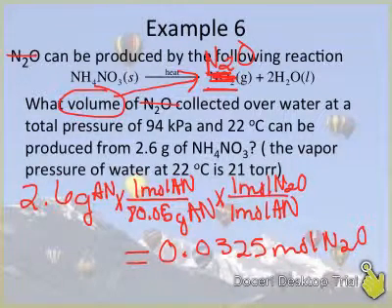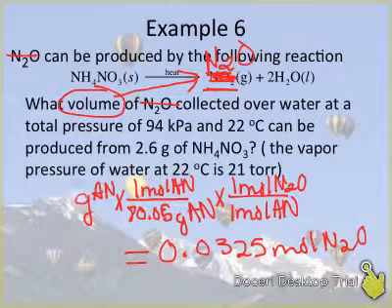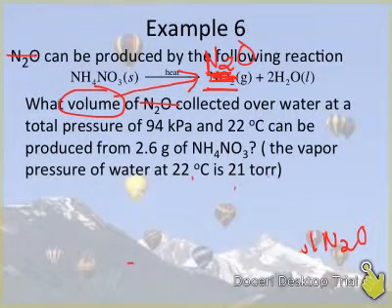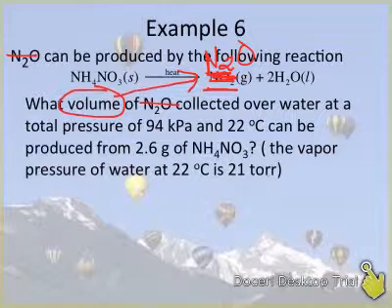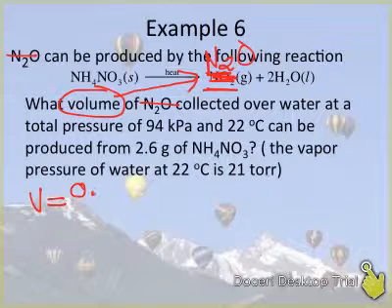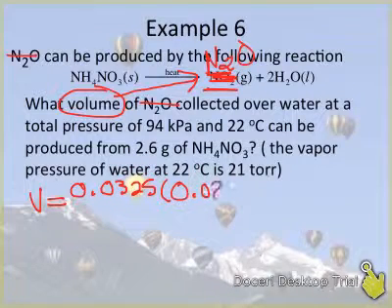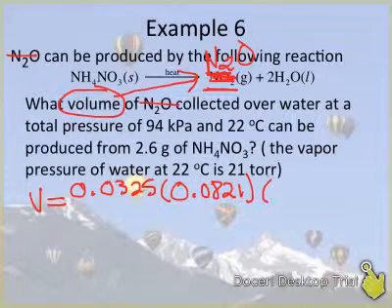Okay, now can I use PV equals nRT? Yes. A lot of work just to get to our ideal gas law, huh? All right. Volume is equal to our n, which we just found was 0.0325. Our R, 0.0821. Our temperature, 22 degrees Celsius, is 295.